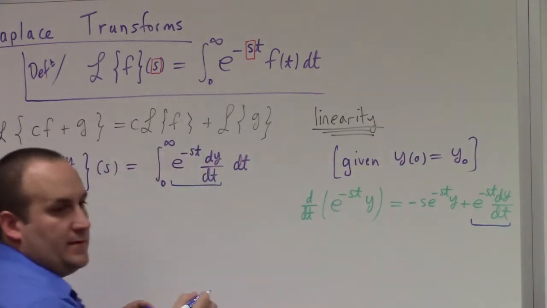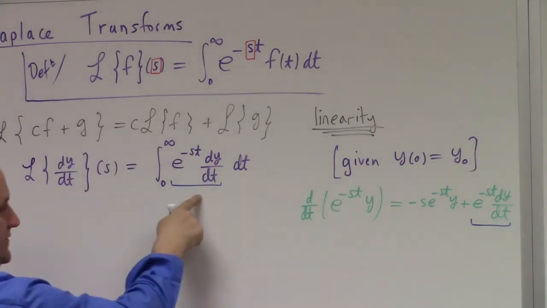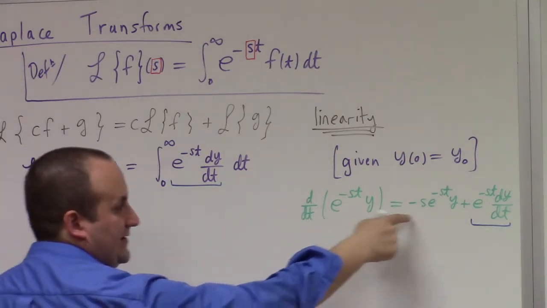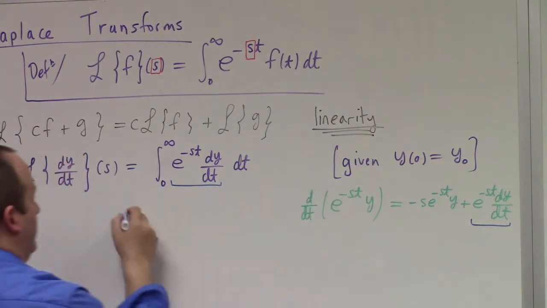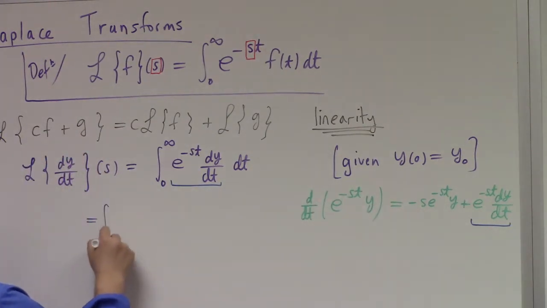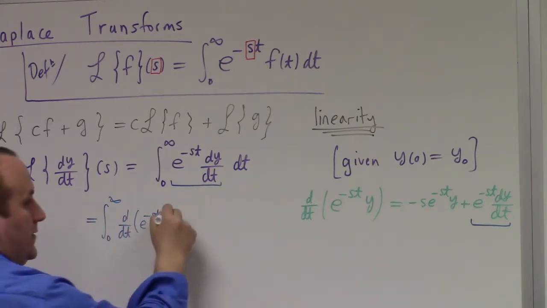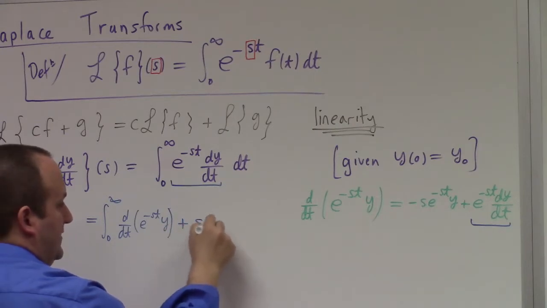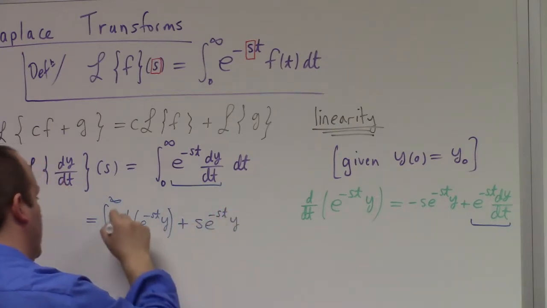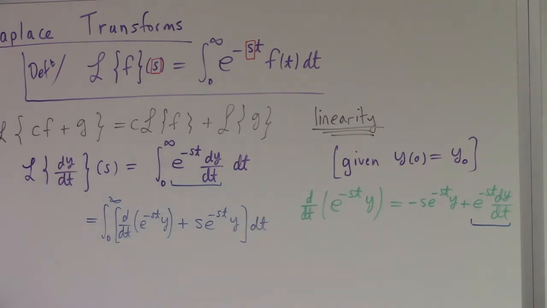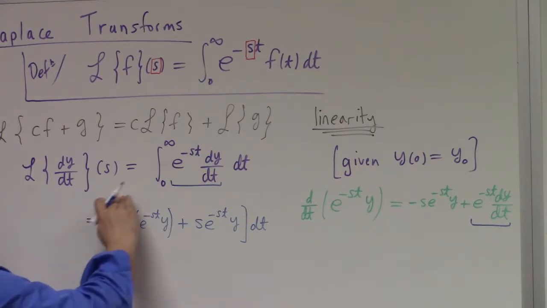So I can trade this for this guy minus that. But because there's a minus on that side, this gives me the integral from 0 to infinity of the total derivative of the product of e to the minus st and y, plus s e to the minus st times y. Again, y is an unknown function here, but we're assuming it has nice properties, like it's Laplace transformable.